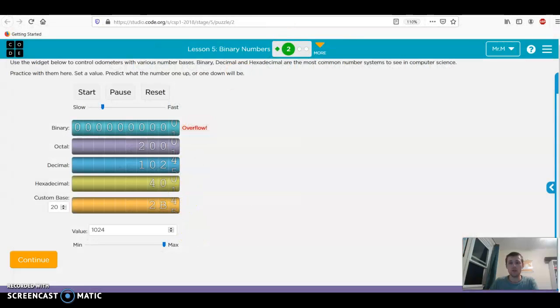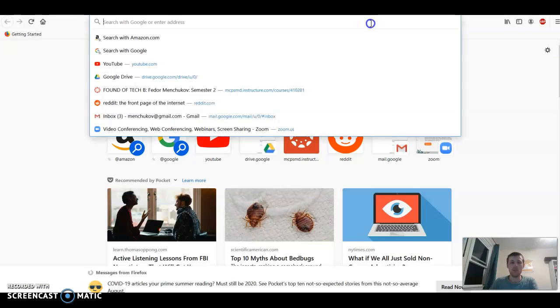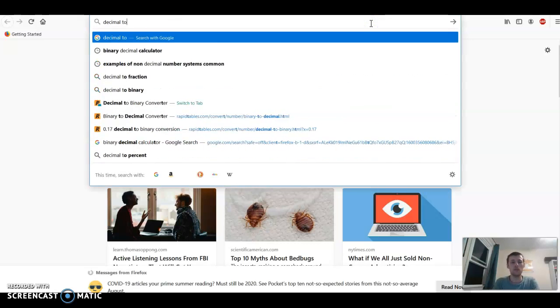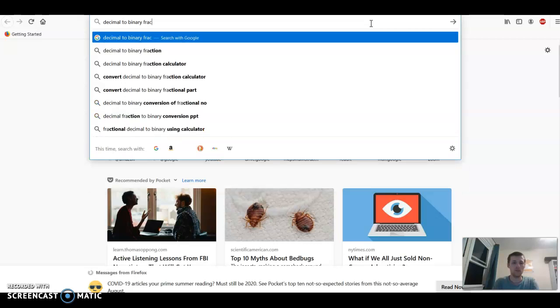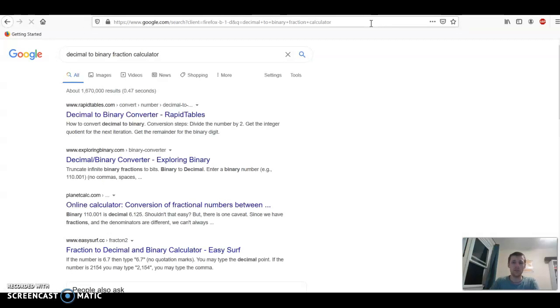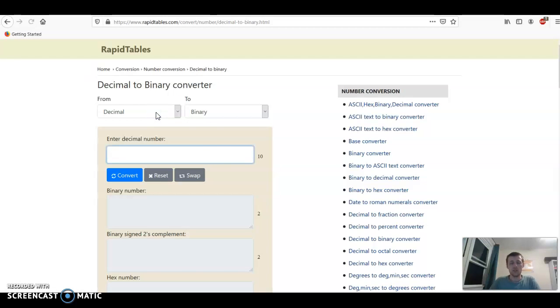Well, we could go to Google here, and we could simply type in decimal to binary fraction calculator. And that'll give us this beautiful machine right here, which you guys are welcome to use. Let's go from decimal to binary, and I'm going to put in 0.17.